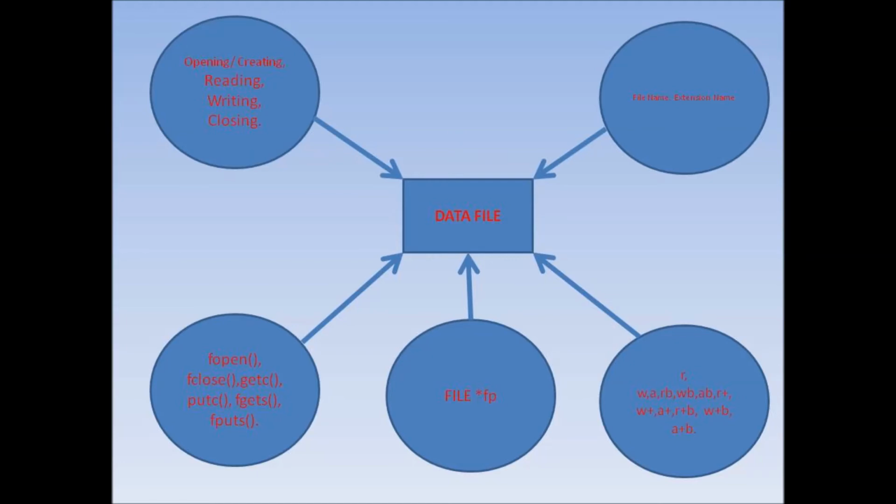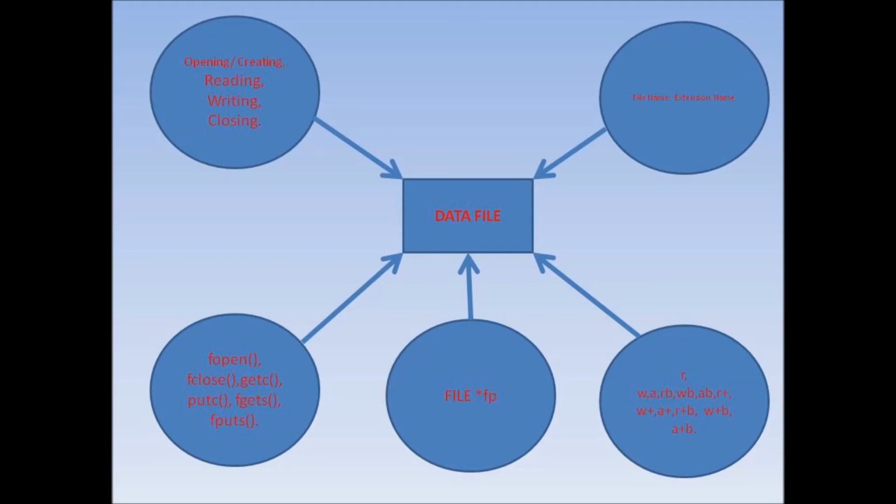As a file is stored in the computer's secondary storage, to perform any operation, like reading or writing on a file, the file must be brought into memory. Memory means RAM, from the storage device, which may be a hard disk or any other secondary storage device.